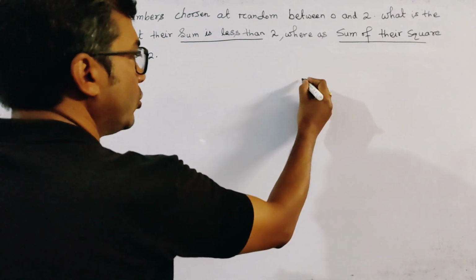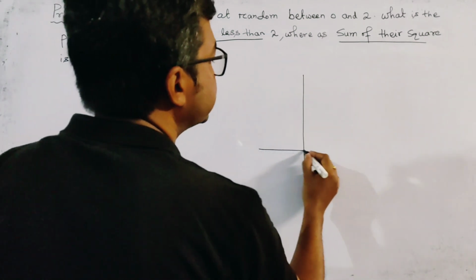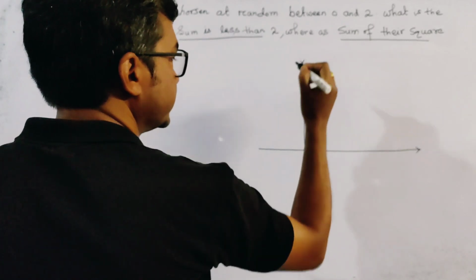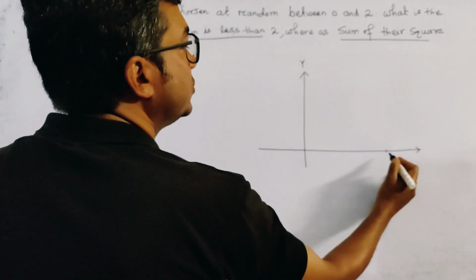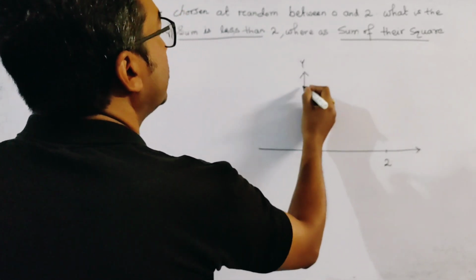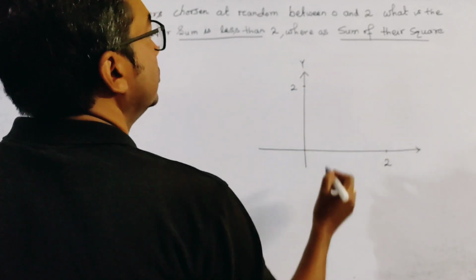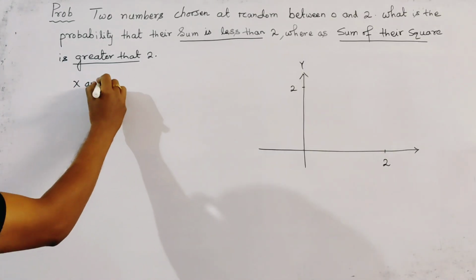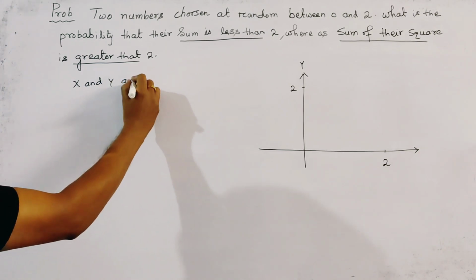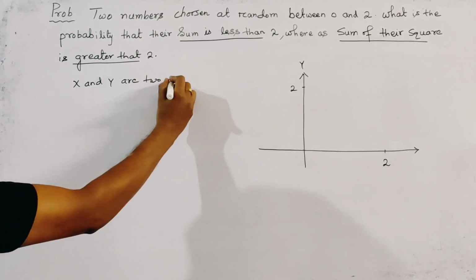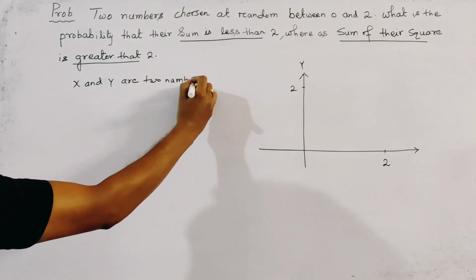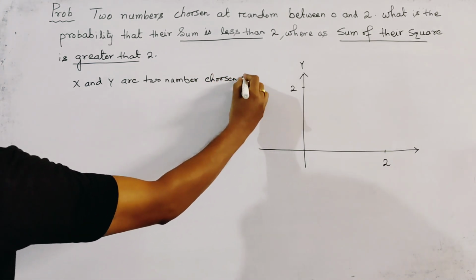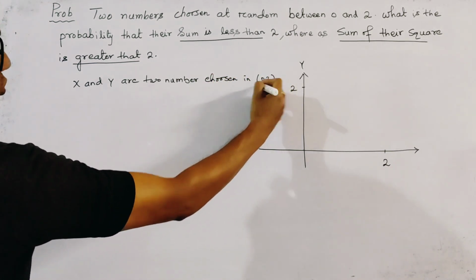So if we draw a rough sketch of the x-axis and y-axis, this is the x-axis and this is the y-axis. Let this be 0 to 2 and this is also 0 to 2. Okay, and let x and y be two numbers chosen in 0 to 2.